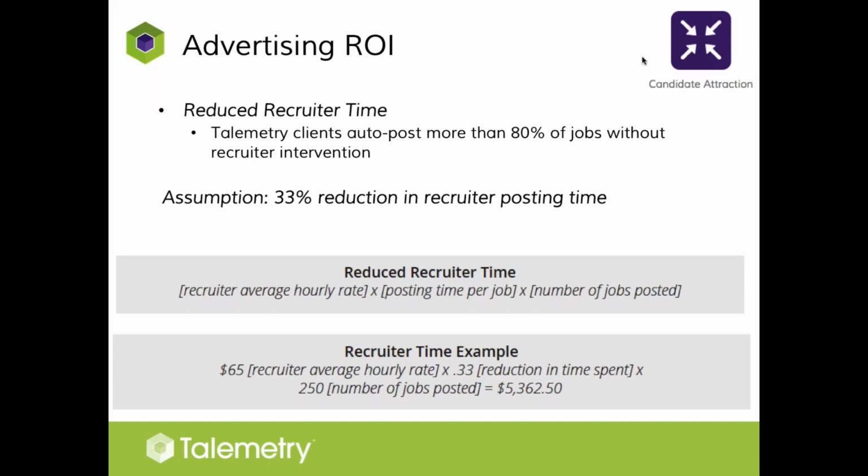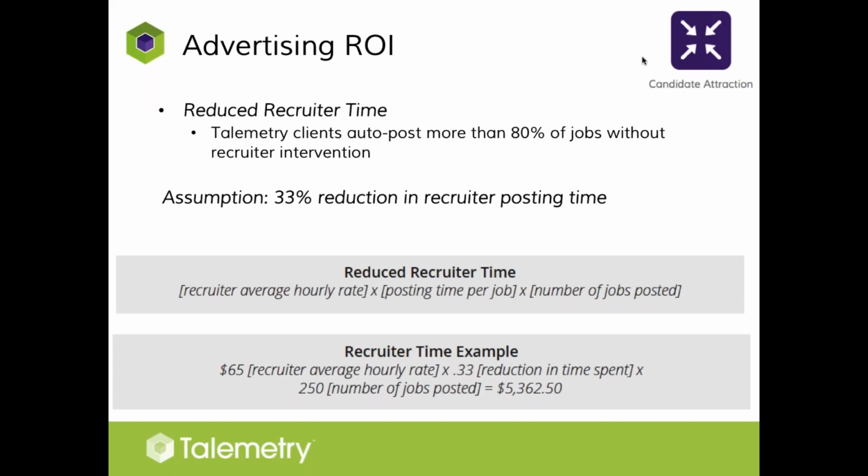So some of the ROI advertising you're going to get is, let's just say, for instance, reducing your recruiter time, right? So let's say we have clients who auto post 80 to 95% of all of their jobs without any recruiter intervention at all. Now, you could assume that that's going to give you back 33% of a recruiter's posting time, right? I've sat with clients before to say, okay, walk me through how you post a job.